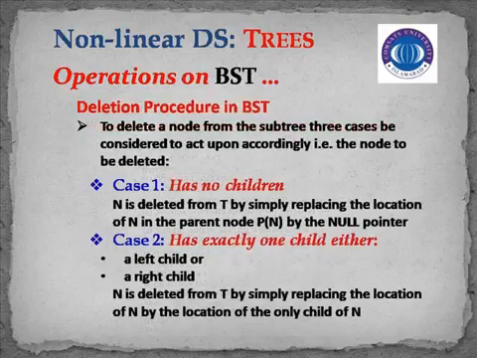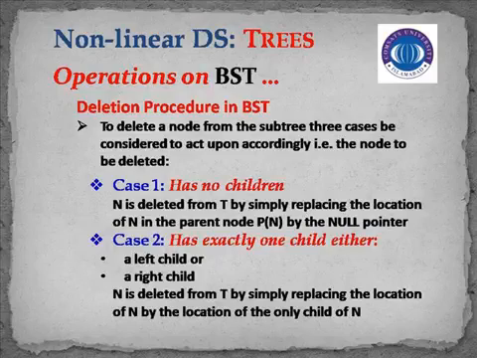Dear listeners, to delete a node from the subtree, 3 cases must be considered to act upon accordingly. That is, in case 1, if the node to be deleted has no children, then n is deleted from T by simply replacing the location of n in the parent node by the null pointer.